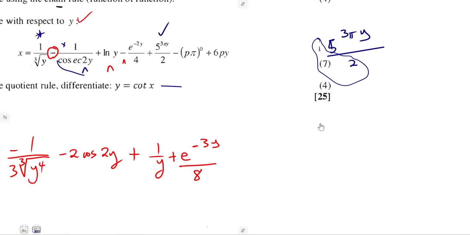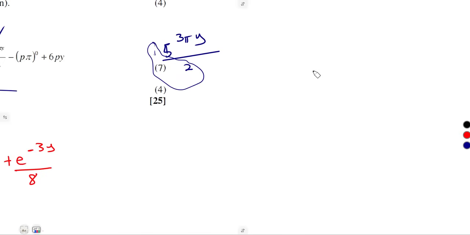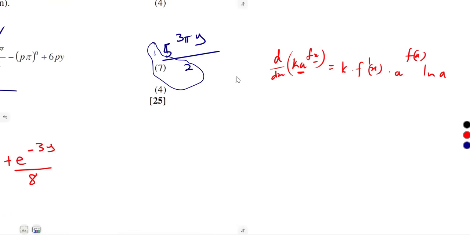So remember, if you are differentiating these formats I talked about, guys, let me just put the x that you are used to. k a to the exponent of f of x is going to be k times the first derivative of that function, then a to the exponent of that function remains, times the ln of a. So in our case, our constant is 1 over 2 times the first derivative of y there.